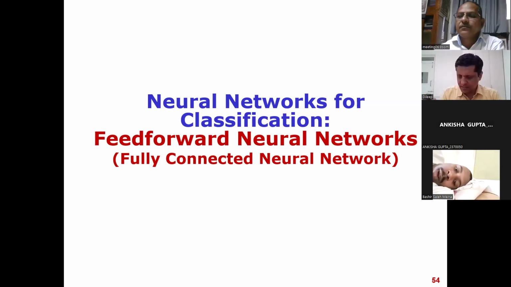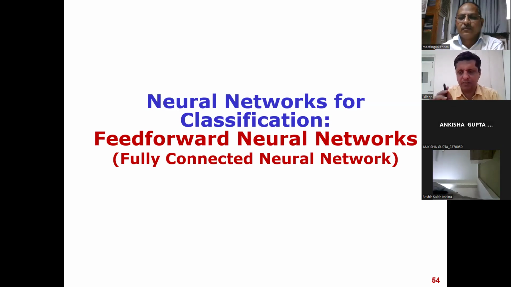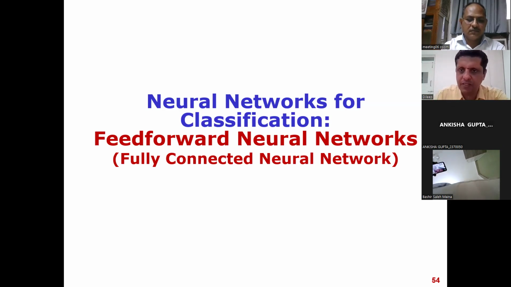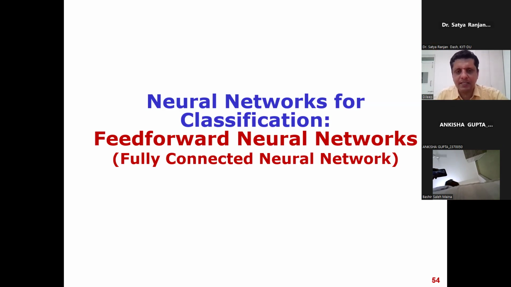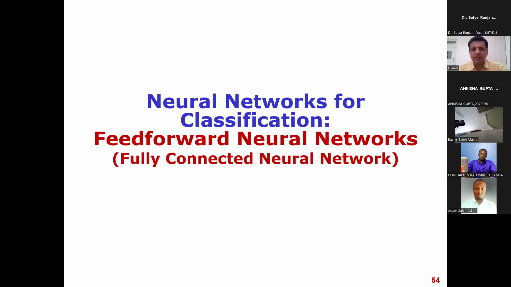So let's continue our discussion. We have seen the neural network, a single neuron model, which is capable of learning the linear discriminant boundary between the two classes. But it is unable to learn any nonlinear boundary. So now we need to extend the same concept to learn the nonlinear boundary.